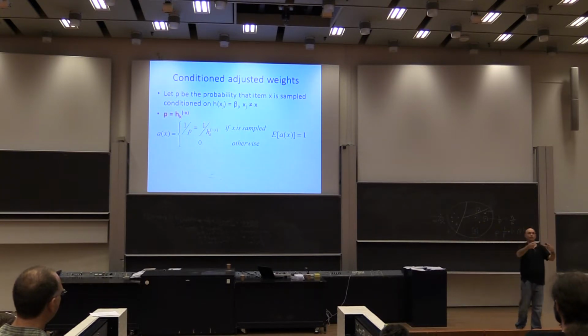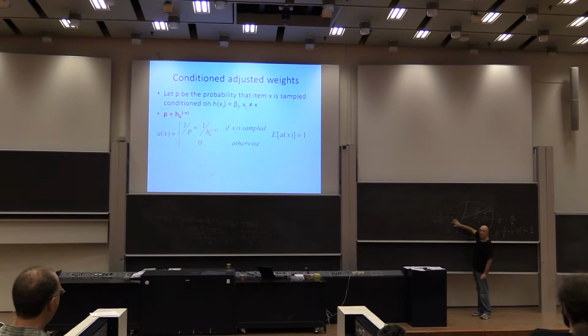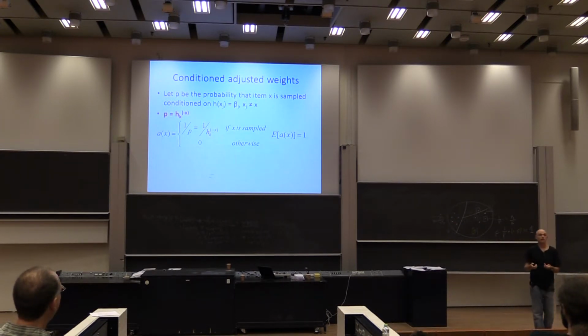So if the hash of X would be smaller than 0.7, which will happen with probability 0.7, then X is in the sample, otherwise it's not in the sample. So conditioned on being in one of these subsets, I know the probability that X is included. And then the adjusted weight of X is going to be different in each of these subspaces. But in each of these subspaces, the expectation of the adjusted weight is going to be 1.